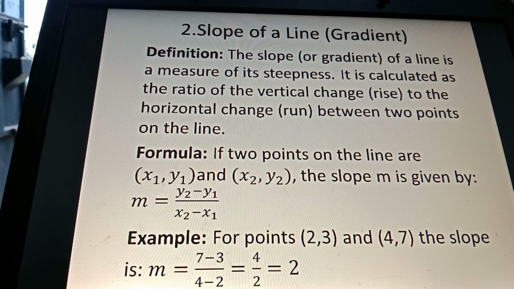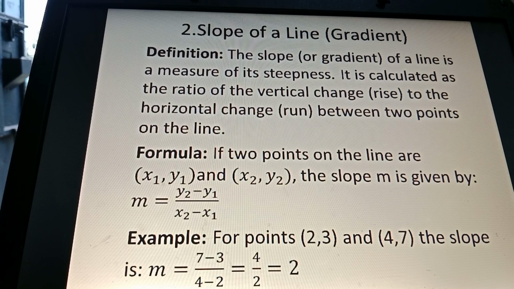Formula: if 2 points on the line are (x1, y1) and (x2, y2), which represent general points on the coordinate system, the slope m is given by m equals (y2 minus y1) over (x2 minus x1).